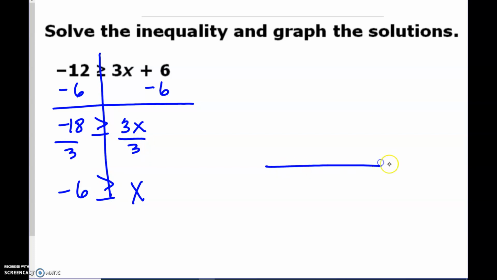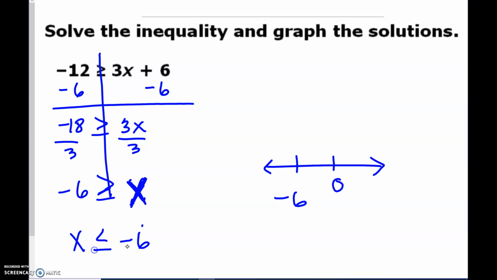Now, right here, when we go to graph, there's a lot of students that make a mistake here because notice how this letter is not first. So I highly recommend that you rewrite this so that the letter is first. So we have x, we have the negative 6. We flipped things. So when you flip things, you got to make sure that you flip that sign.